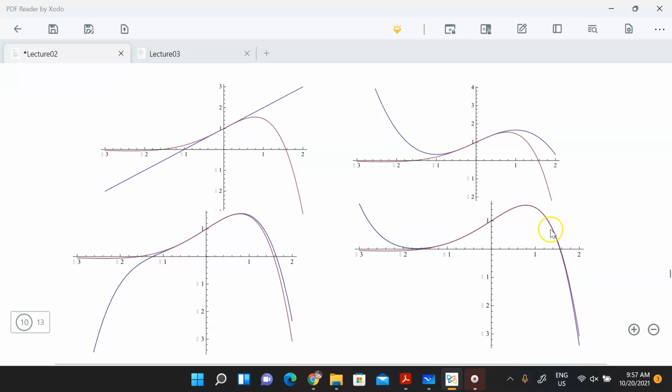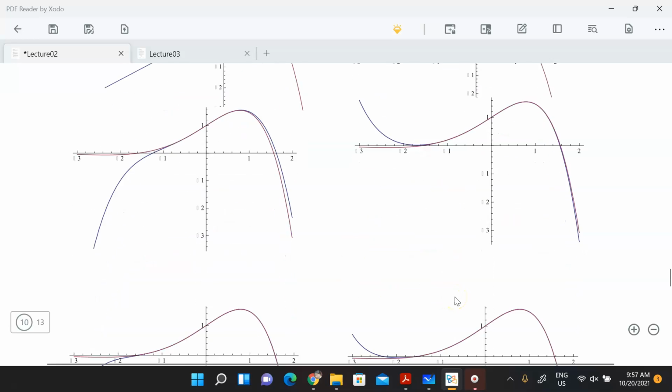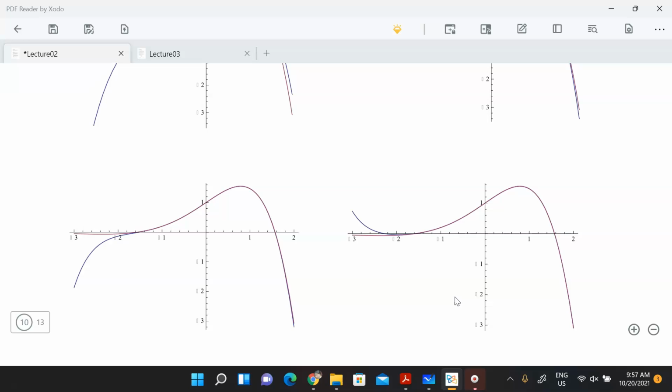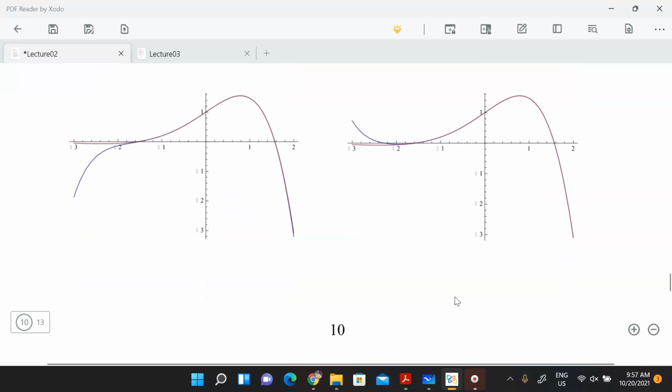But definitely you can see this part already has a good approximation. The one that fails is when x is negative. So you start to understand better how the power series approximates your function. Here is another one, and you can see it's always the negative side that fails in some sense.